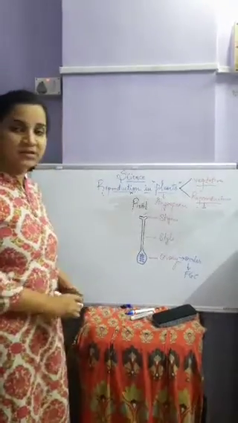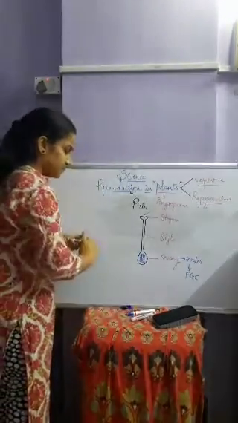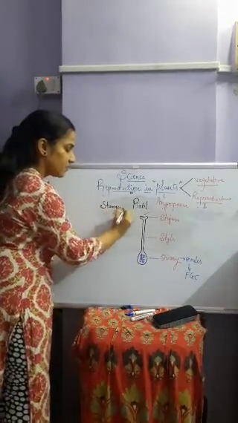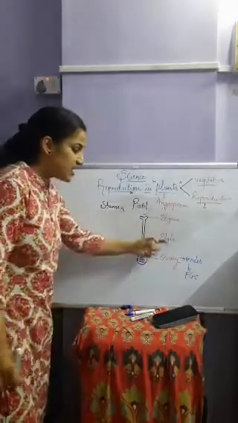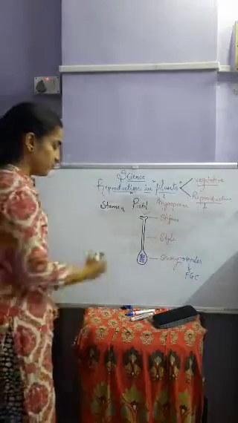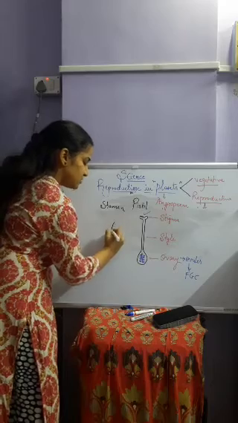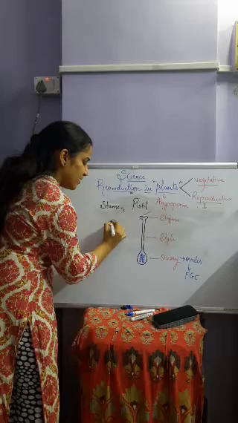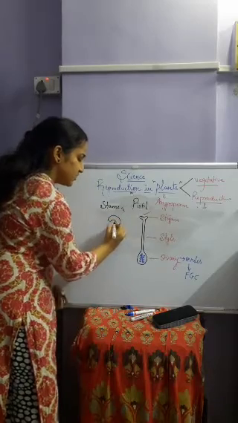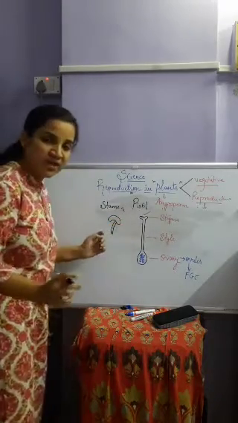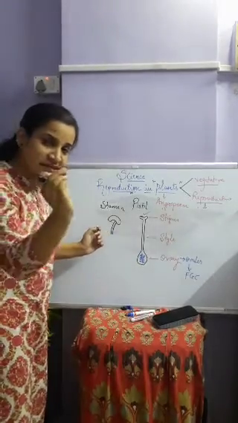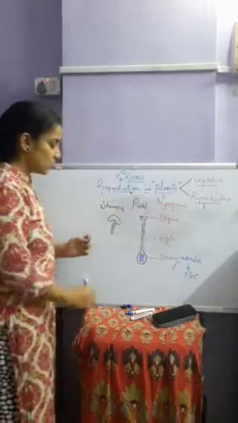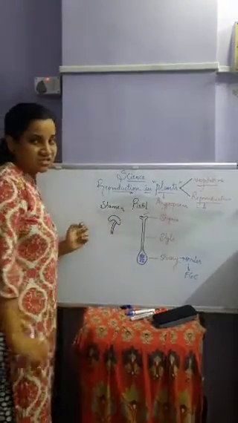Now this is the pistil. Then what is the stamen? Pistil has three parts: stigma, style, ovary. When I talk about the stamen, this stamen has again a very small, very thin and a bit long cylindrical structure, and then a kidney shaped structure.